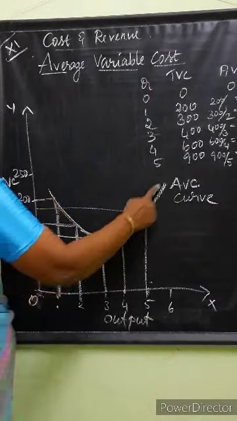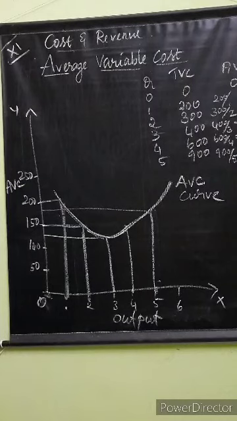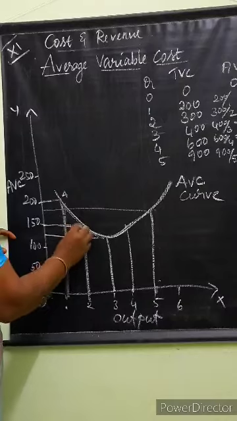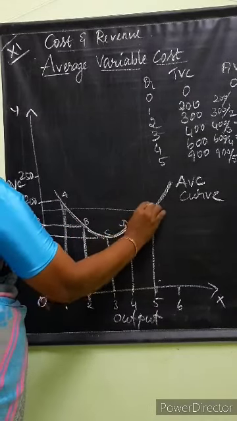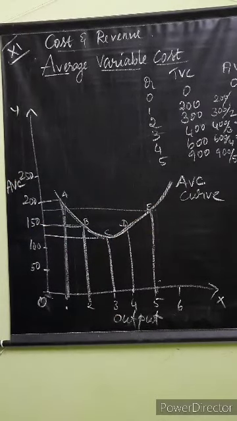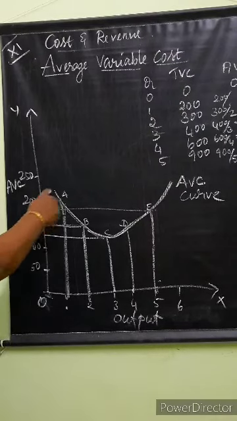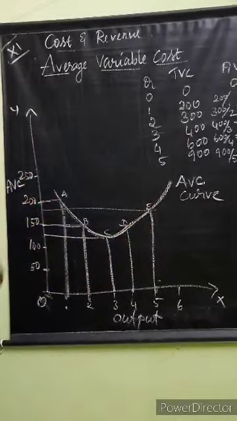Girls, I have drawn the curve based on the data given. Do you understand? So this is point A, maybe the first point. This is second, C, D, E. Do you understand, girls? So the average variable cost curve will be U-shaped.